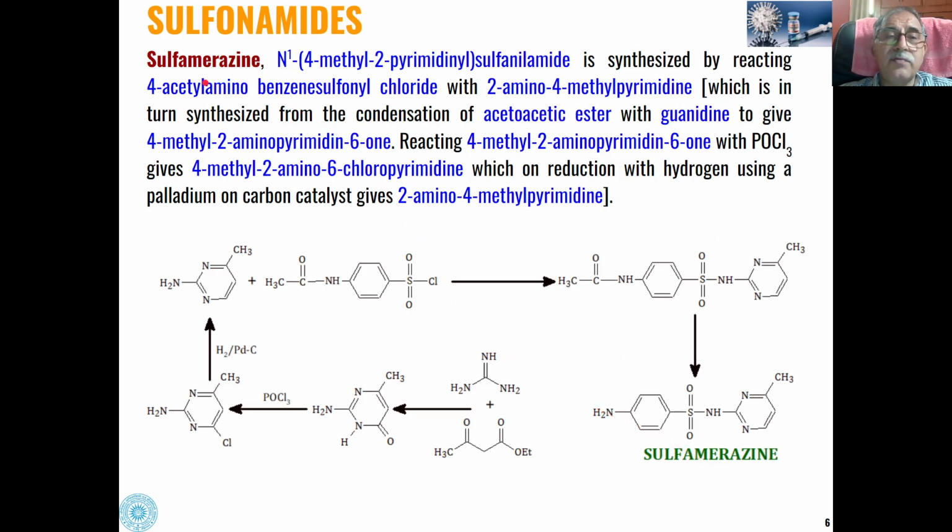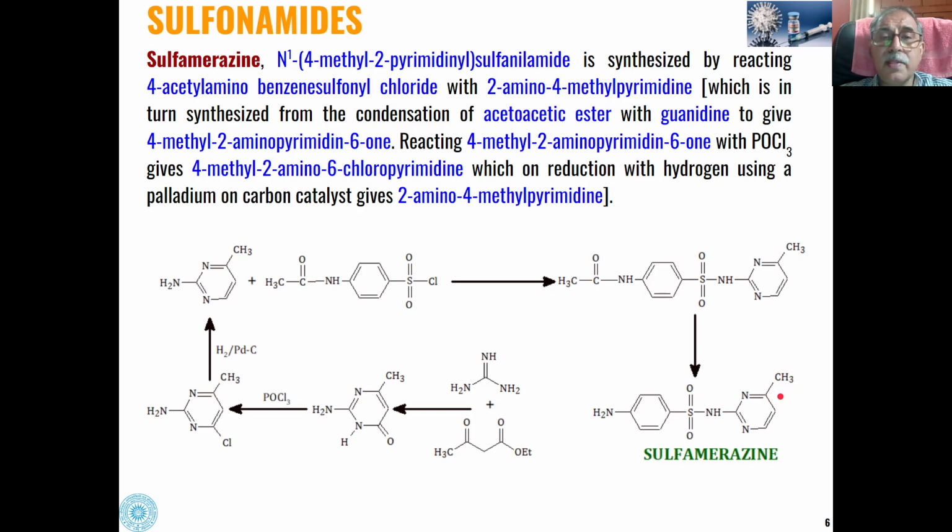Next is sulfamerazine. Sulfamerazine, again you can see, is similar to the previous drug which we have synthesized, the only difference being the substitution at this place.